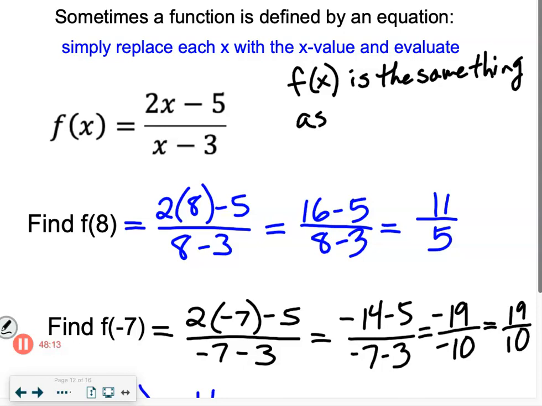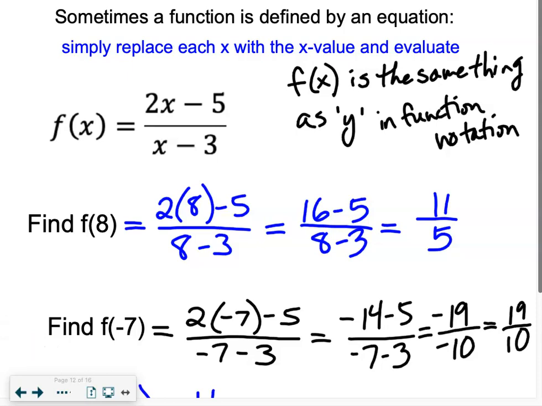If I had y equals 2x minus 5 over x minus 3, it'd be the exact same thing. The only difference is that f of x is in function notation. Here's y. In function notation, it really just tells us, hey, this is a function. So if I called this y equals this stuff, or f of x equals this stuff, they're the same thing. It's just that f of x is in function notation.